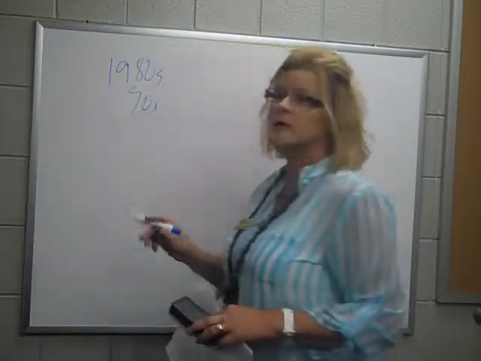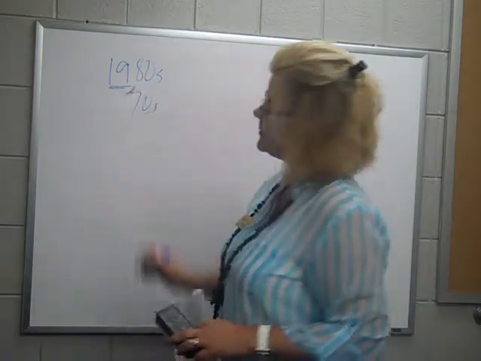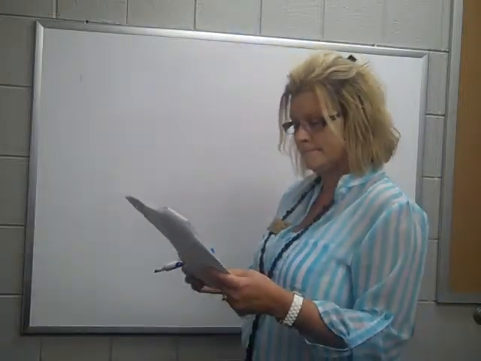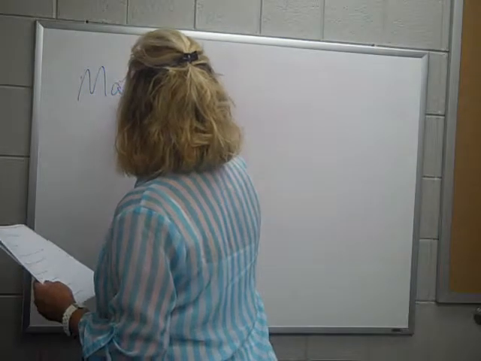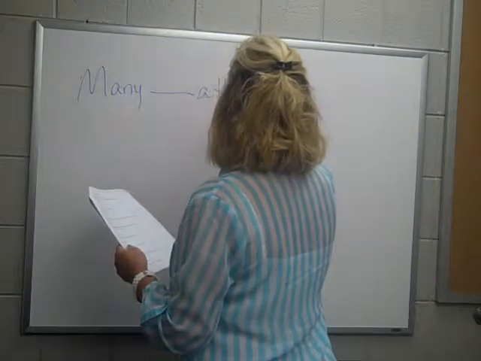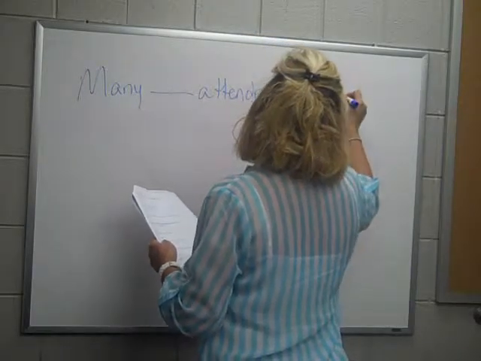The only time you would put an apostrophe is if you leave out this first part right here, you put an apostrophe right there. Okay. I'm not going to write the whole sentence, just to kind of give you an idea.